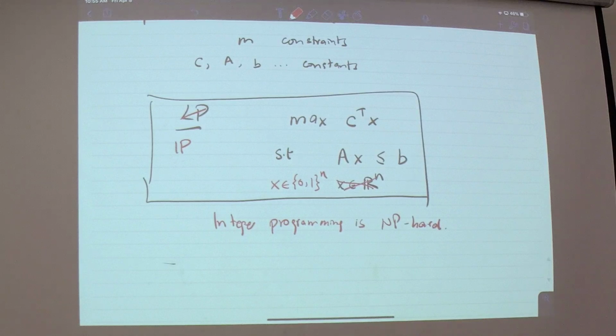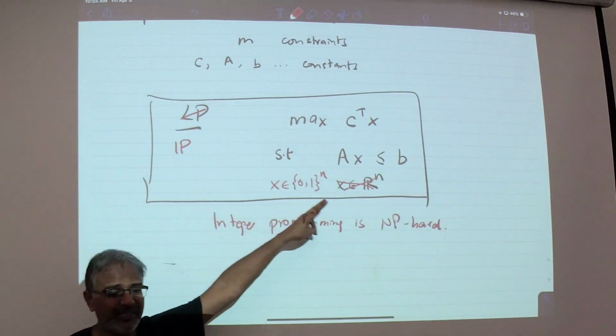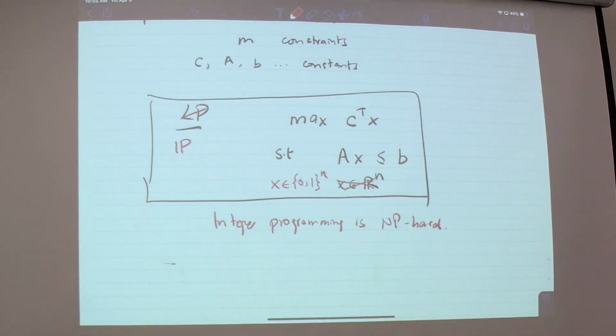It'll be very easy to model it as an integer program. And then you'll say, well, that's hard. Let me just drop this constraint of being discrete and let it be continuous. You get the linear program. You solve that, and you somehow use that to find a solution to your original problem. And that gets into the realm of what I call approximation algorithms. We'll be talking about that soon.